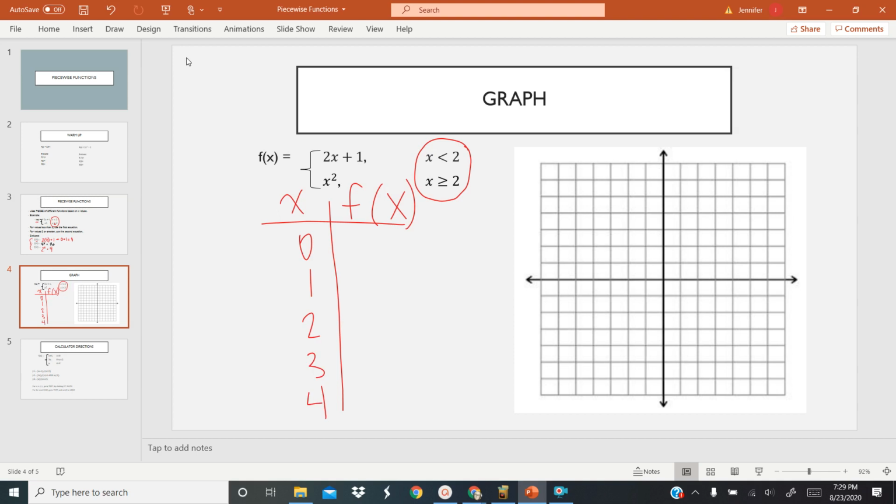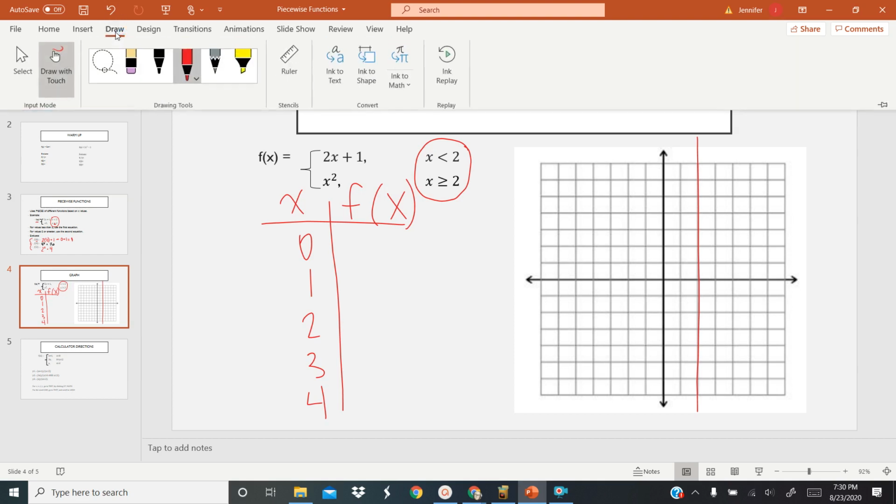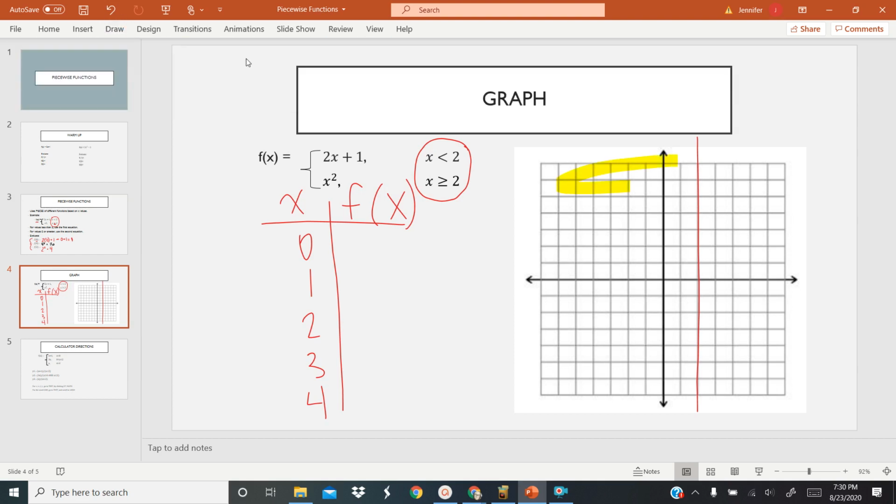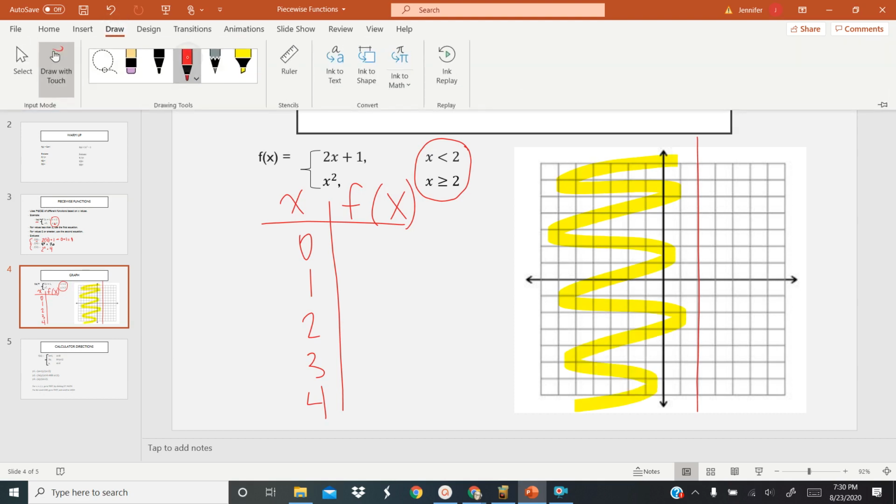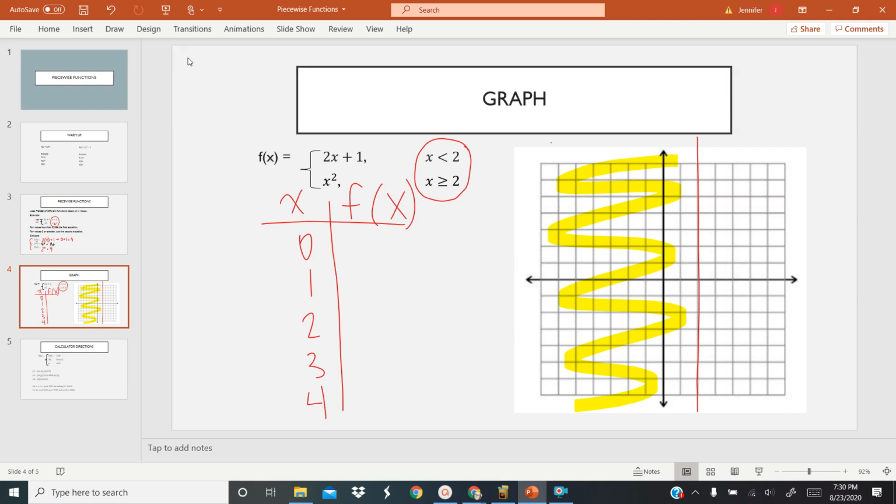Where x equals 2, we know that our graph is going to break at that point. So I'm going to draw a line right there where x equals 2. That means on this side of the graph, you're going to be using 2x plus 1 as your equation.